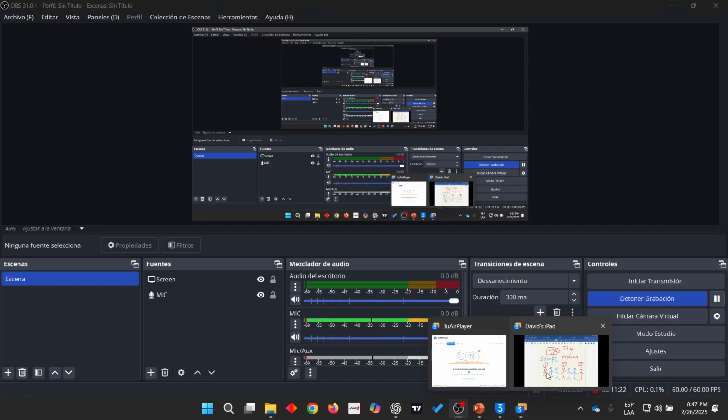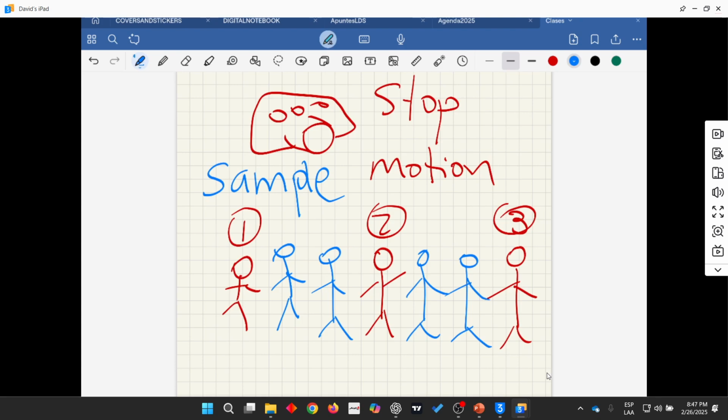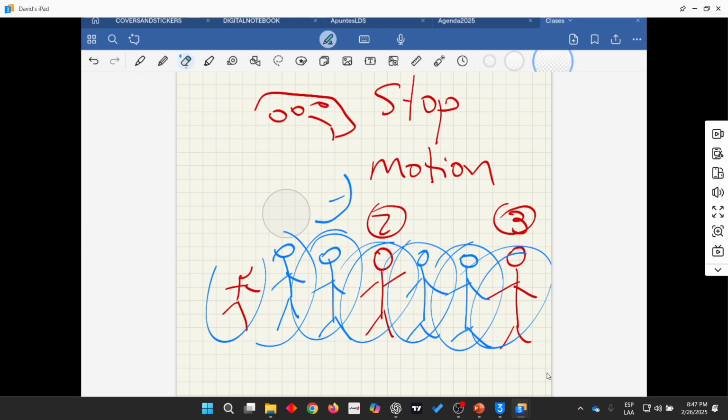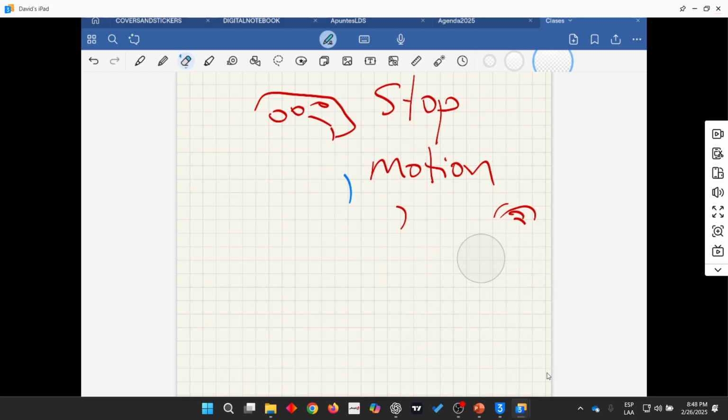Now, the sample rate is pretty similar to the previous one, just the sample. Remember that the sample is just the pictures that you take. That is the sample. Now, the sample rate is how many pictures you are going to take.